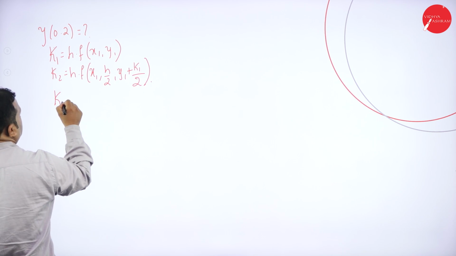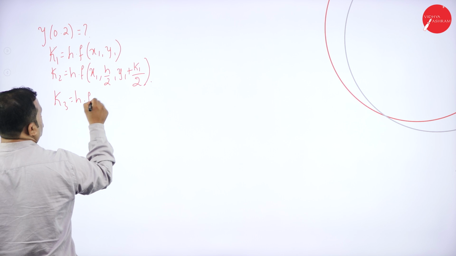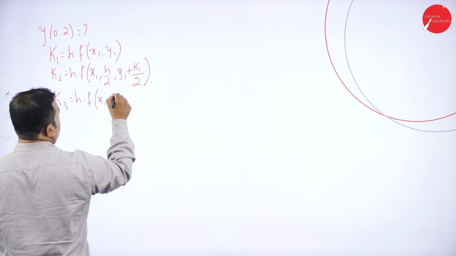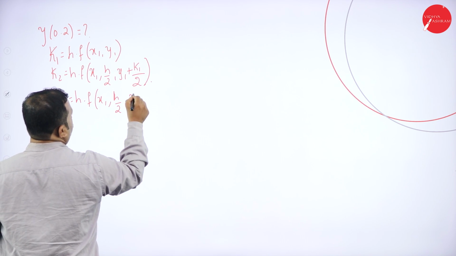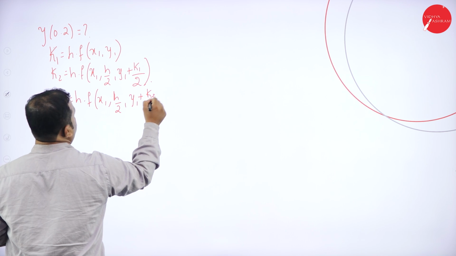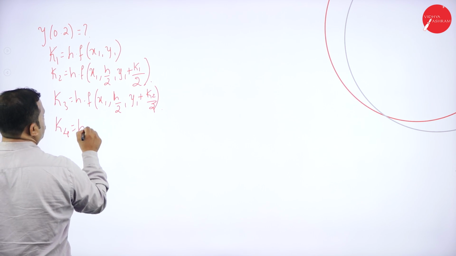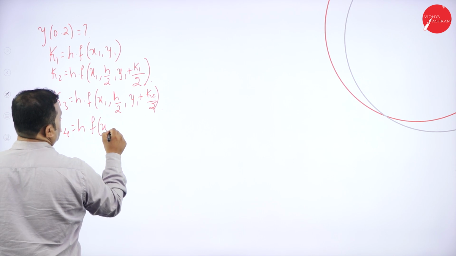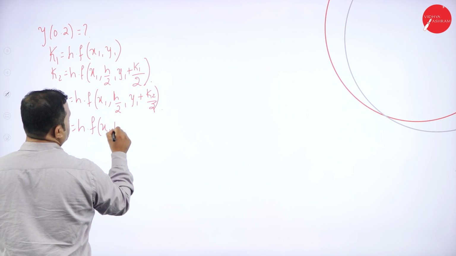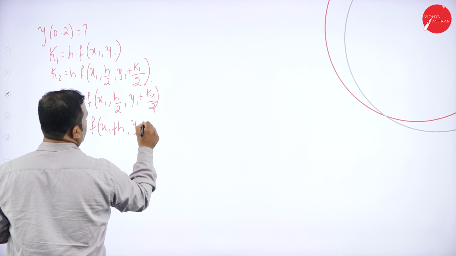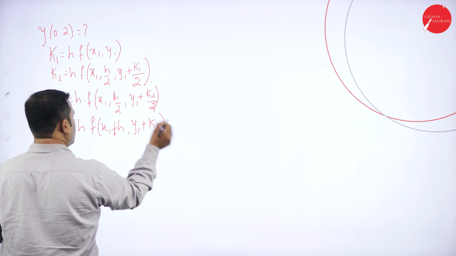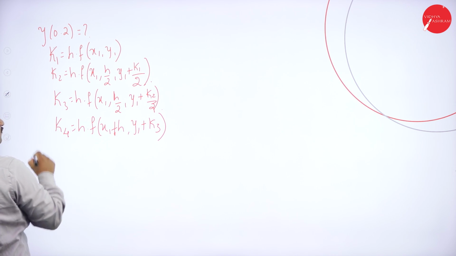What is k3 then? k3 is equal to h into f of x1 plus h by 2 comma y1 plus k2 by 2. Then what is the value of k4? k4 is equal to h into f of x1 plus h comma y1 plus k3. This is the final formula, that is k4.